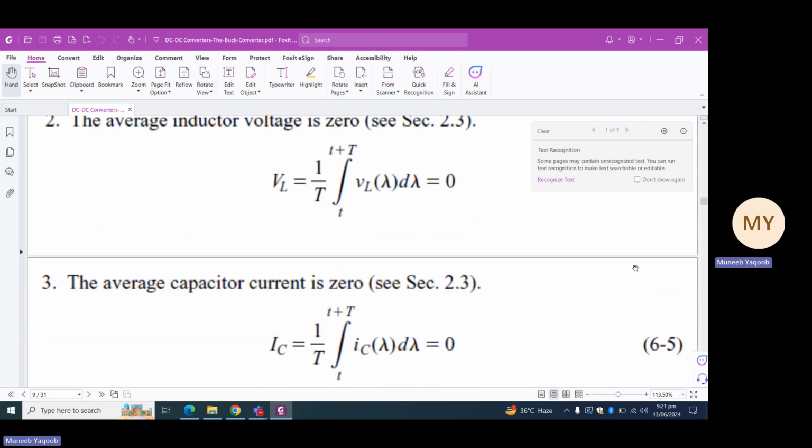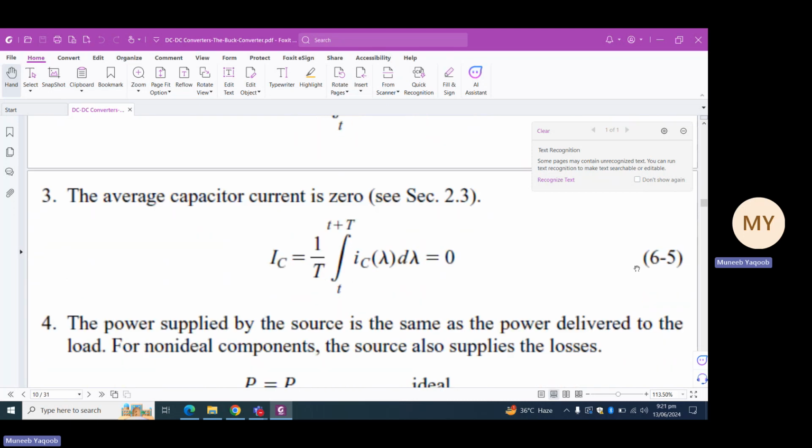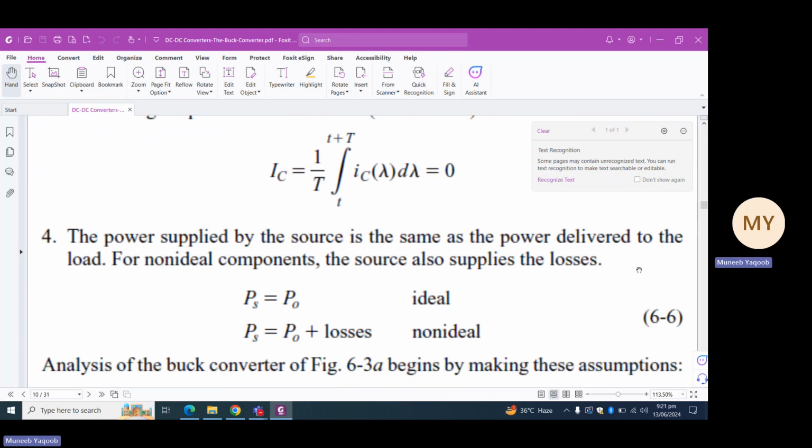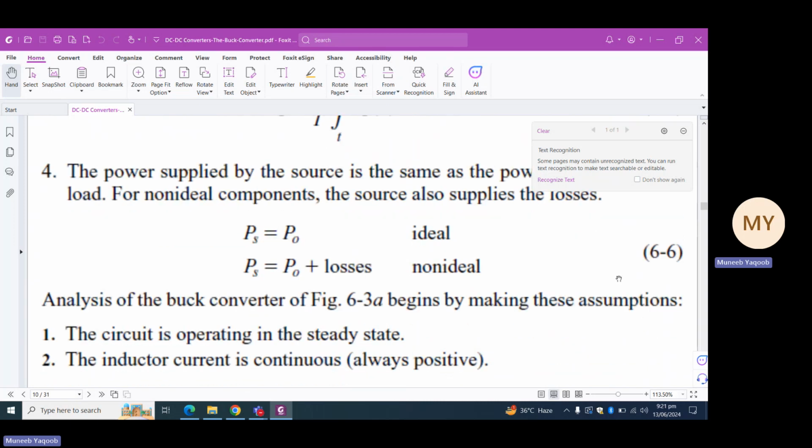The third assumption is the average capacitor current is 0. And the fourth assumption is that the power supplied by the source is the power delivered to the load. And if there are losses, then power supplied is equal to power output plus the losses. That is, the supplied power will also compensate for the losses that are being faced.